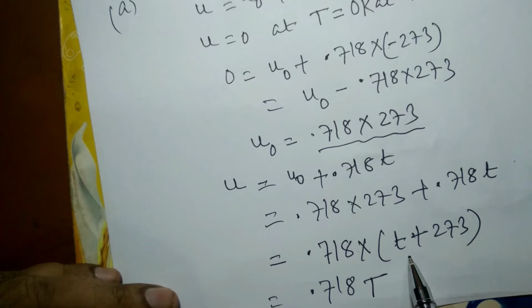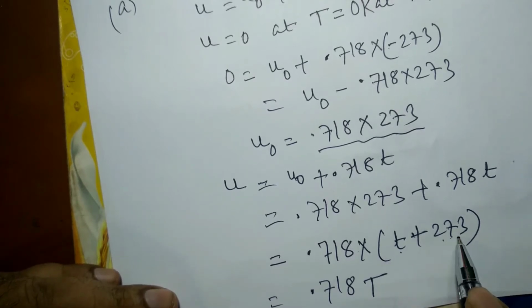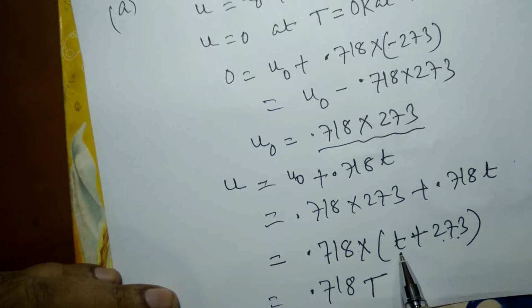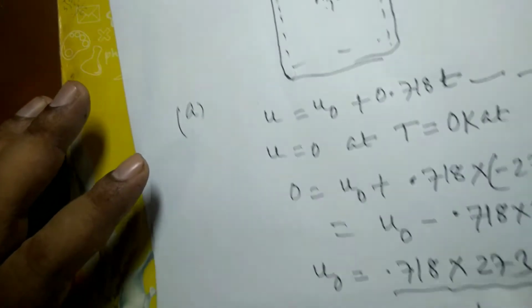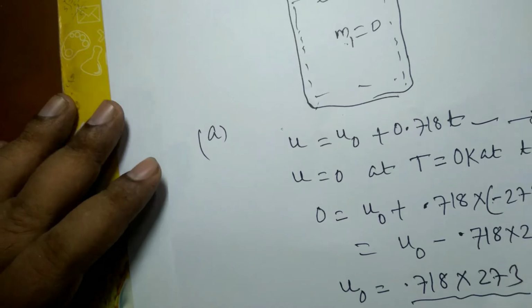Degree Celsius plus 273 is equal to Kelvin. T plus 273 is equal to capital T, that is when temperature is expressed in terms of Kelvin. So that is 0.718 multiplied by T.